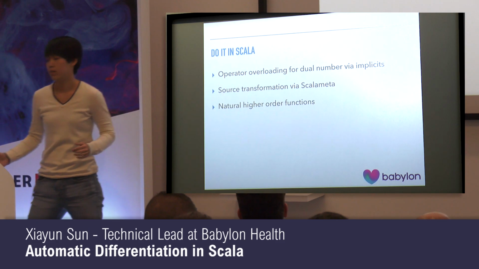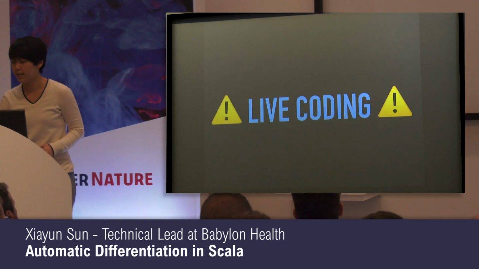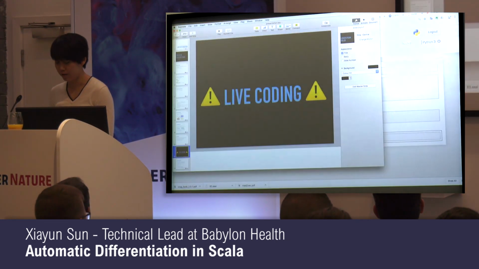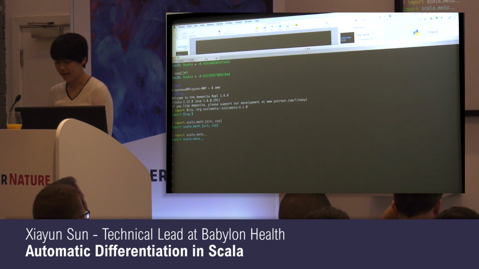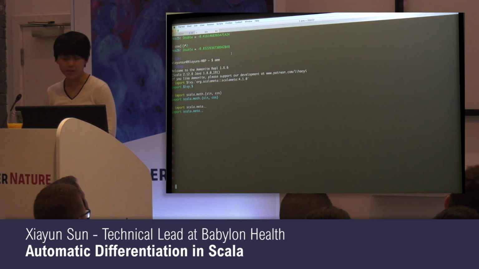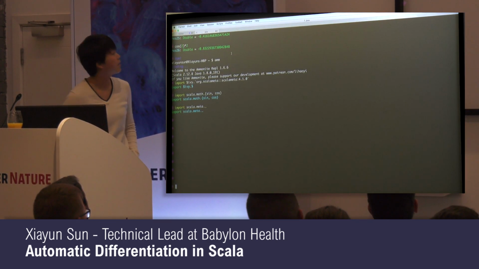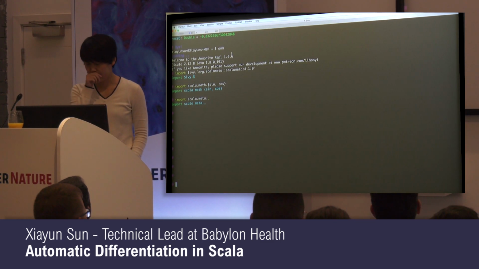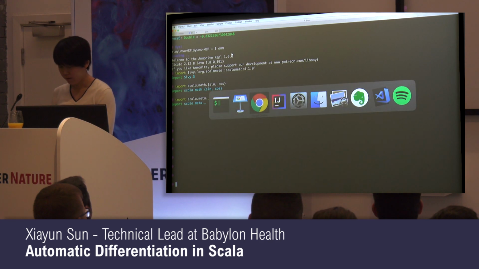Okay, live coding doesn't work all the time, but I hope the live coding goal is somewhere today. So this is Ammonite. I already imported everything I need, which is only Scala meta, and I'll be cheating.